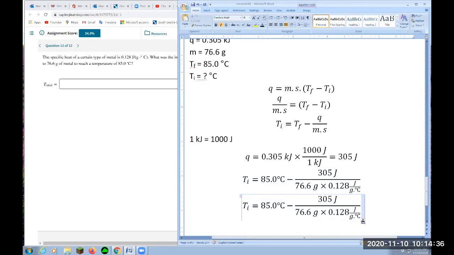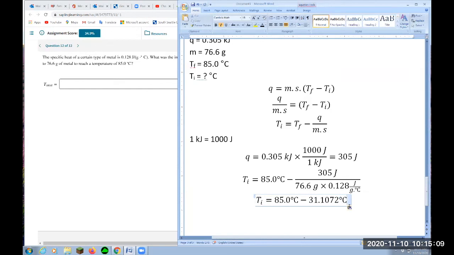And about the units: the joules here cancel, the grams cancel, and we're left with degrees Celsius. So let's keep the degrees Celsius there. All of this becomes 31.1072 degrees Celsius in my case. So that's the intermediate answer.